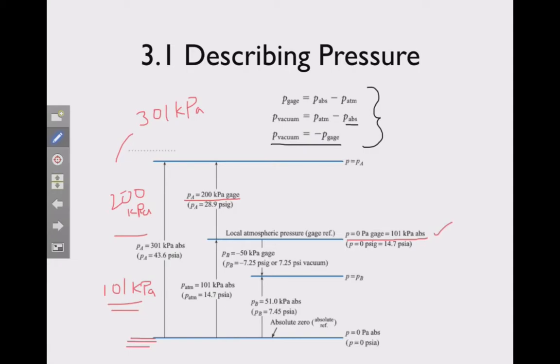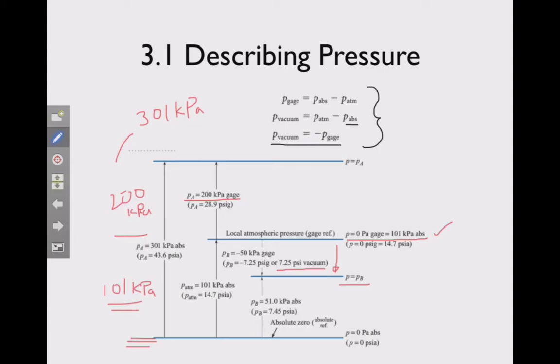Okay, so we kind of have an idea of what gauge pressure is, and that's what we normally use. Now there's one other complication, and that is that sometimes we use a vacuum pressure. We can see that this pressure level right here, pressure B, is actually 7.25 psi vacuum. And that's a positive vacuum pressure because that pressure is actually less than atmospheric.